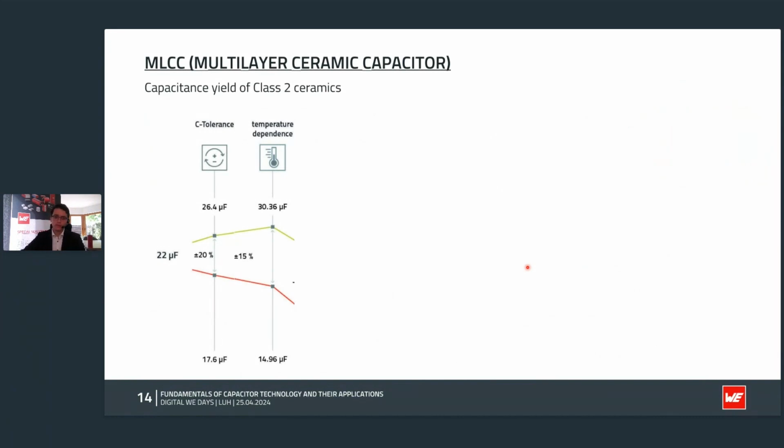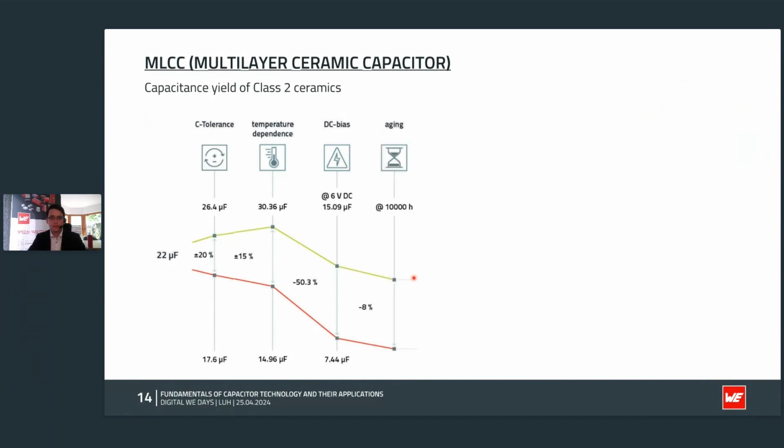And this will also lead, in the worst case, to a certain drop. In this situation, for this 10 volt rated part, we applied 6 volts, which also leads to a lot of DC bias. This means in this case that you have a minus 50% capacitance drop. And then we also took some aging into account, aging over 10,000 hours, a little bit more than 1 year, and you will see some additional capacitance drop afterwards.